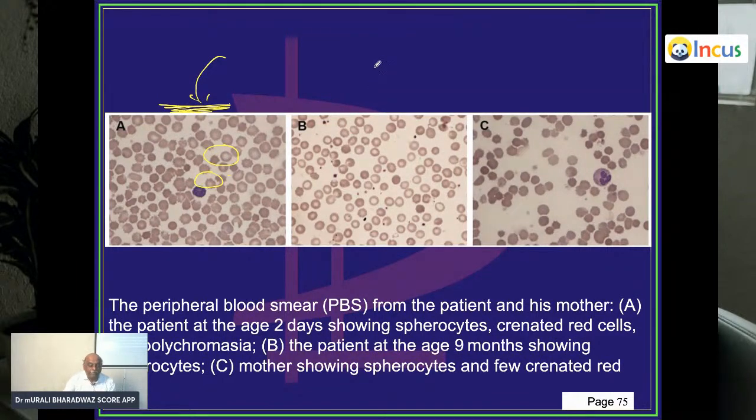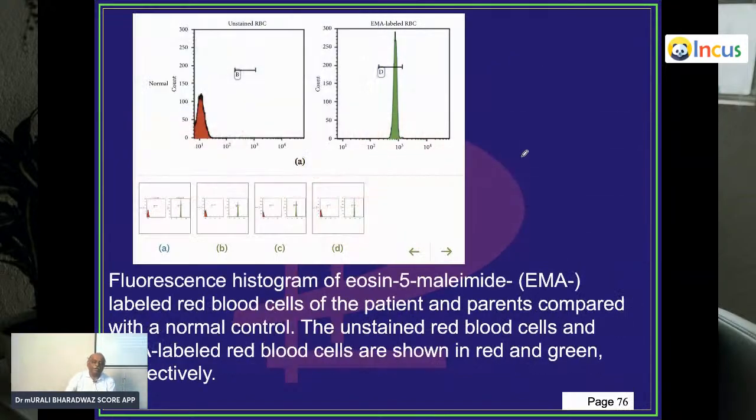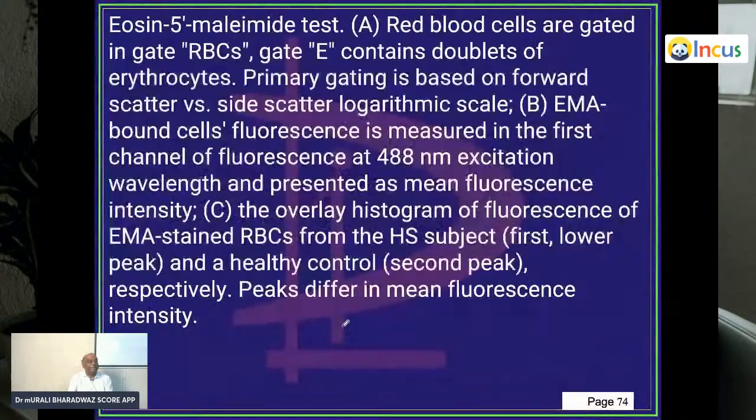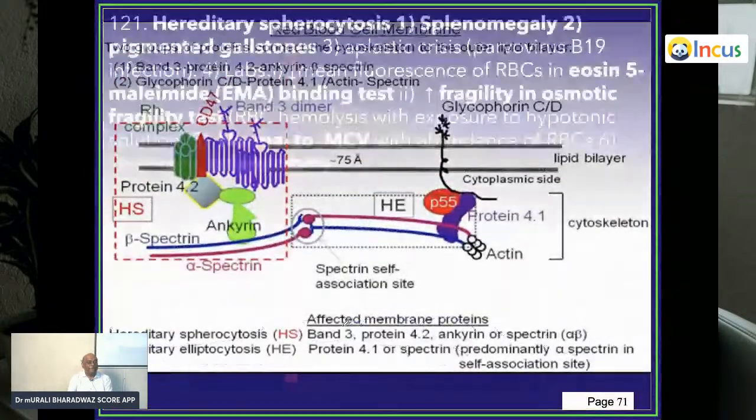When the child became 9 months, spherocytes with absent central pallor. Then this is the mother, who is showing spherocytosis because it is inherited as an autosomal dominant condition.